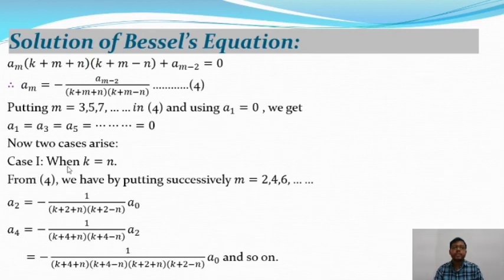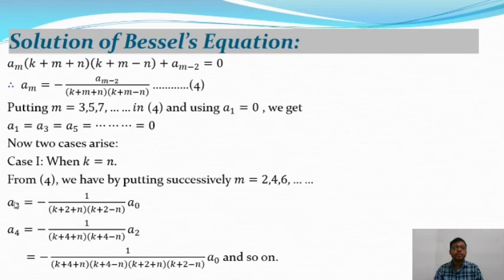So case number 1, when k is equal to n. From equation 4 we have, by putting successively m is equal to 2, 4, 6, 8, that means the even numbers, we get a2 is equal to minus 1 by (k+2+n)(k+2-n) of a0. a4 is equal to minus 1 by (k+4+n)(k+4-n) into a2.